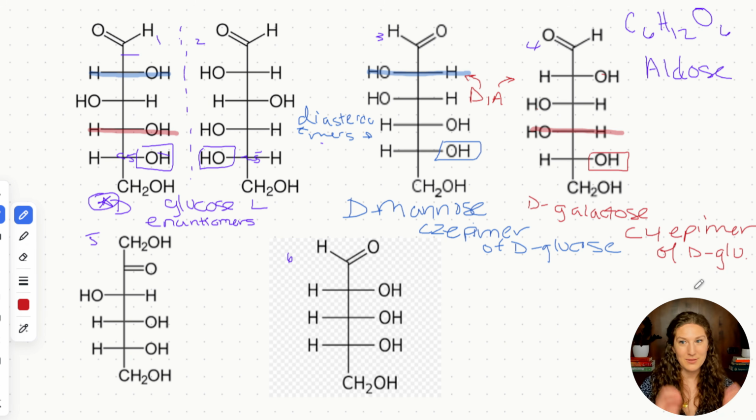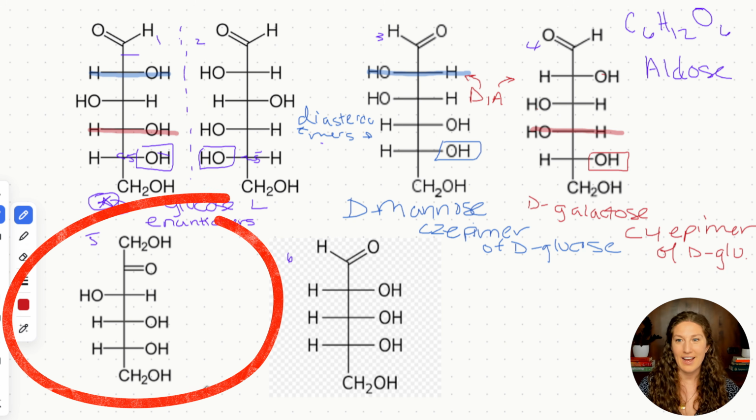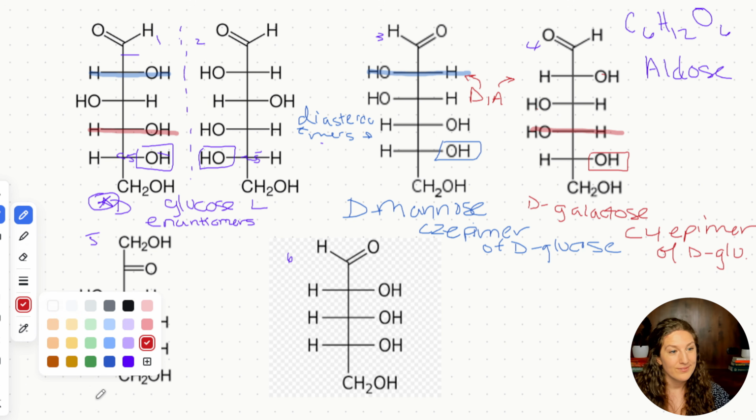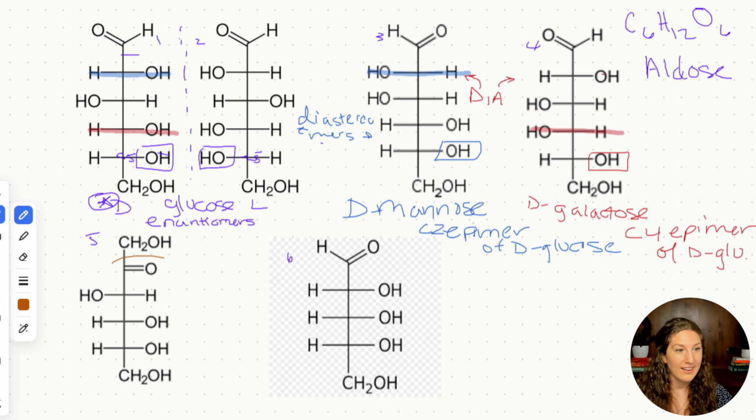Now let's go down to our second row, and I want us to look at how these guys are very different. So let's look at sugar 5 first. What's the big difference in sugar 5? Well, it's got this ketone group instead of an aldehyde. That makes this guy a ketose instead of an aldose because it has an entirely different functional group. It's not just different orientations around a carbon, it's a totally different functional group.